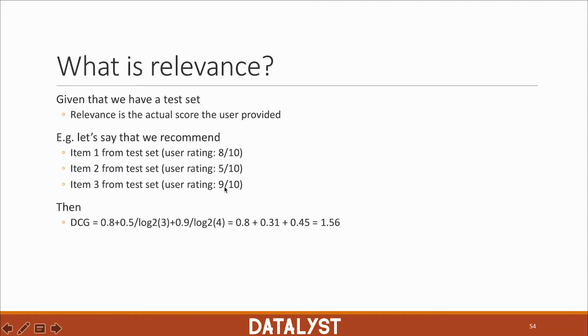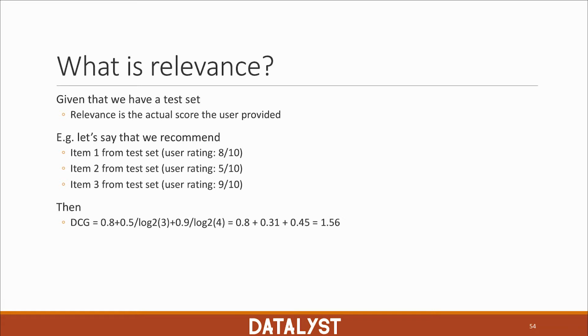Even though item 3 has a higher score as rated by the user, item 1 in this formula gets a higher score. Why? Because it's the first item that was recommended. So ideally we'd like, for example, item 3 to move to position 1 or 2. Why? Because the user in the test set has rated this as an item that is worth 9 out of 10, and this would give us the highest score. So that's the main idea behind discounted cumulative gain.